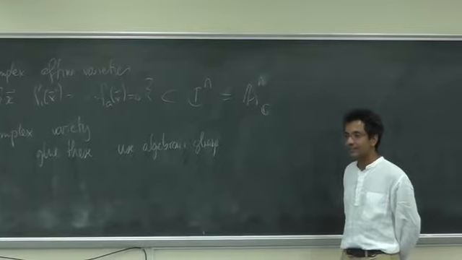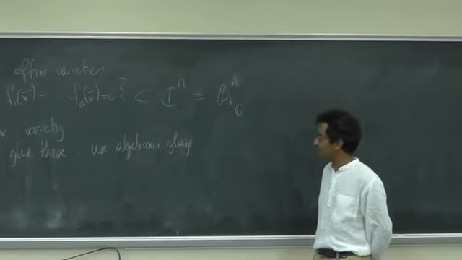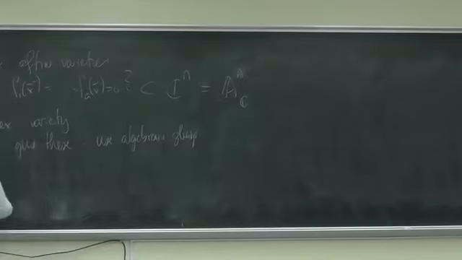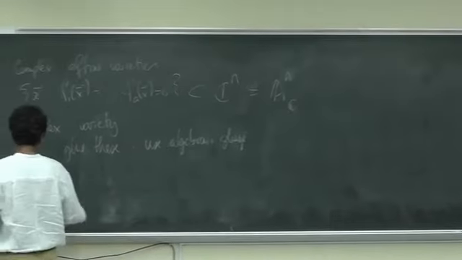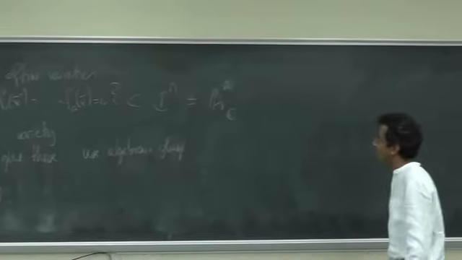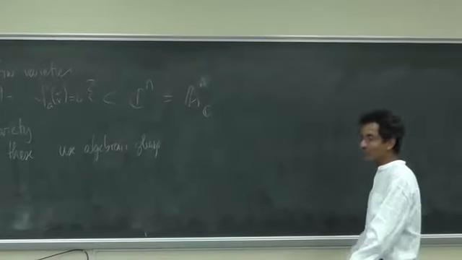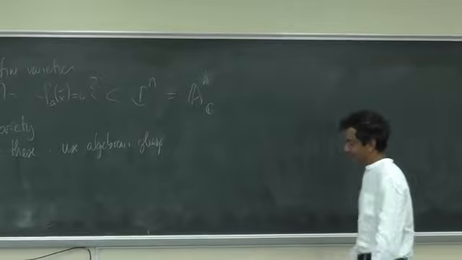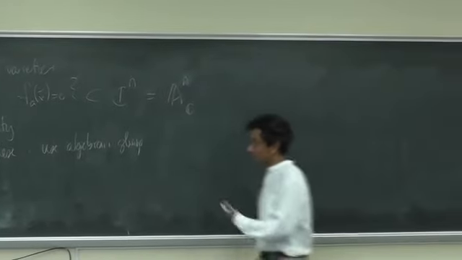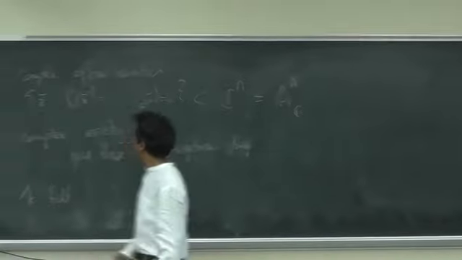And if that was bad, I'll say something worse in a second, which is I'm going to want to work over a general field, and then I need to, if I were to be really honest, tell you what a variety is over a general field. And so I'm going to tell you something vague, but I hope sufficient, which is that in particular finite fields are going to come up inside here.